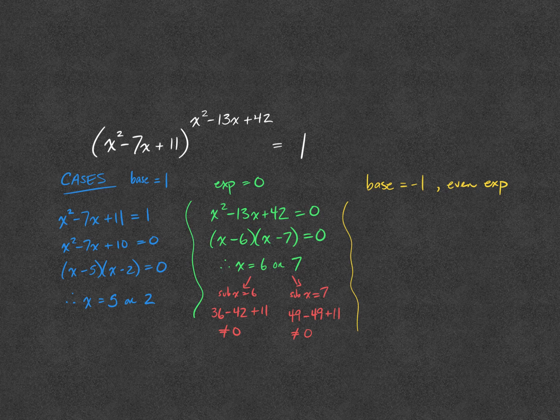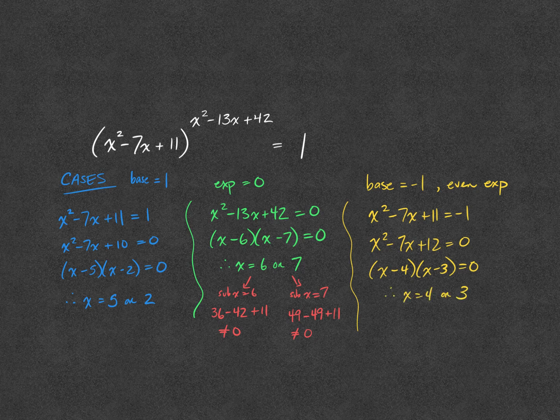So let's make the base equal to -1. So x squared minus 7x plus 11 is going to equal -1. Same thing: I can't put my variables together into one term, so I write it in standard form. I'm going to look to factor that, and it factors pretty quickly, and therefore x equals 4 or 3.